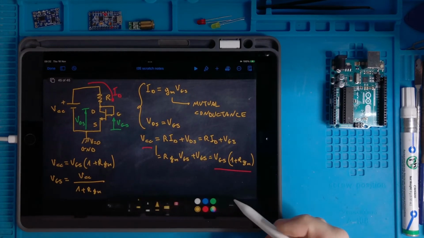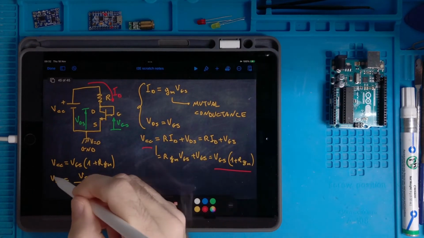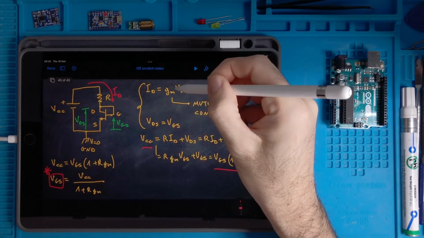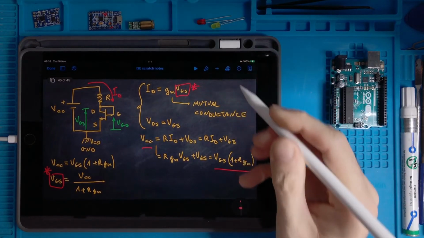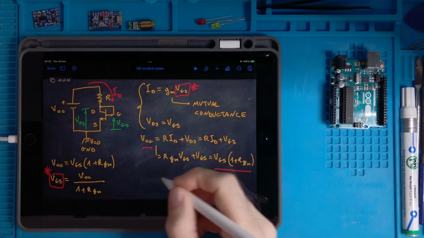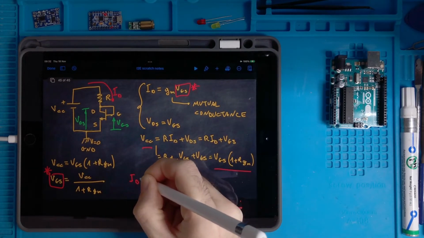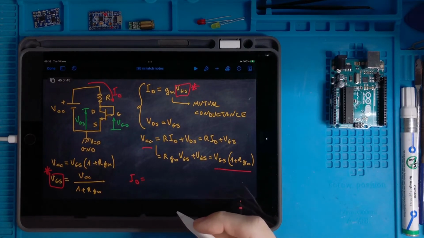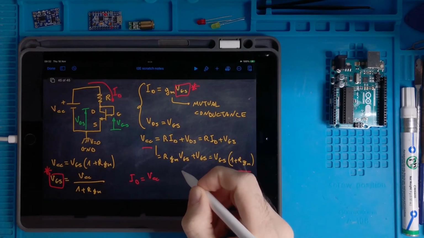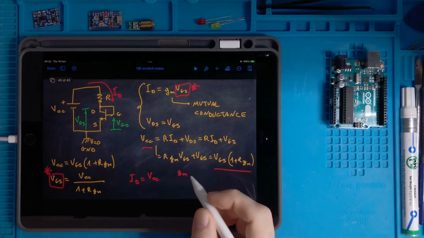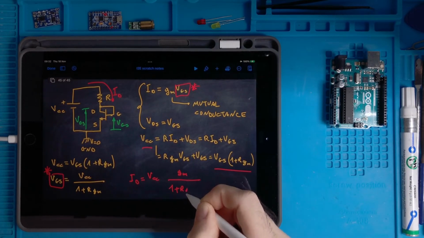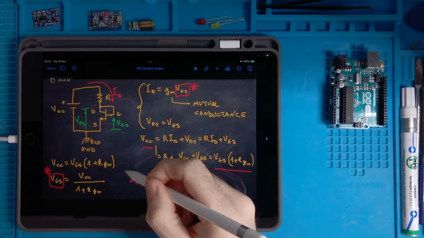So once I found this, I can put this thing into this, and then I can write the current ID in this way, just substituting. So ID is VCC multiplied by Gm over 1 plus R Gm.